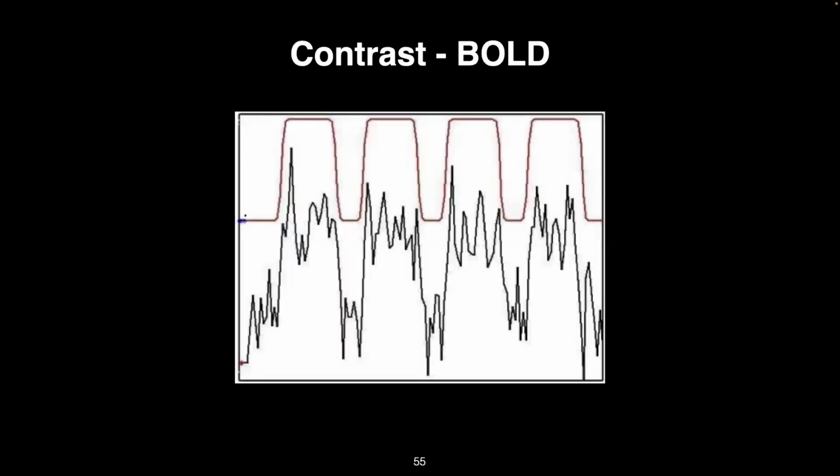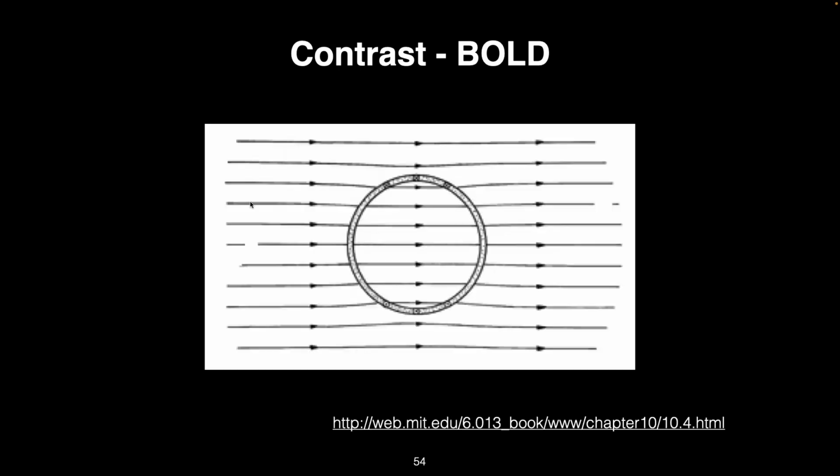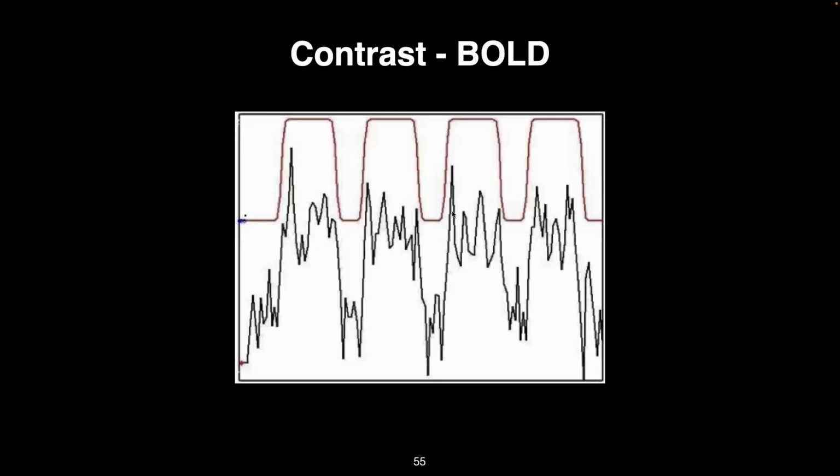And when we look at the time series of a functional MRI experiment, if we look at the signal in this voxel over time, these lower signal values would represent those cases where there's more deoxyhemoglobin. The field is less uniform, so it dephases more quickly, so the signal is lower.